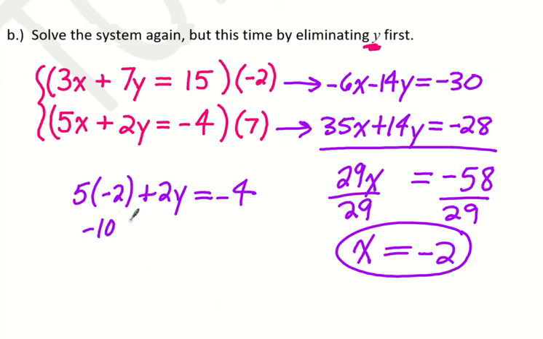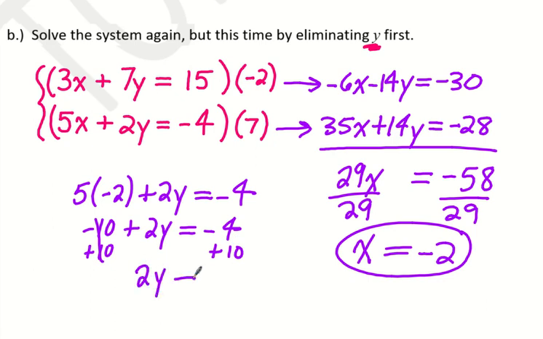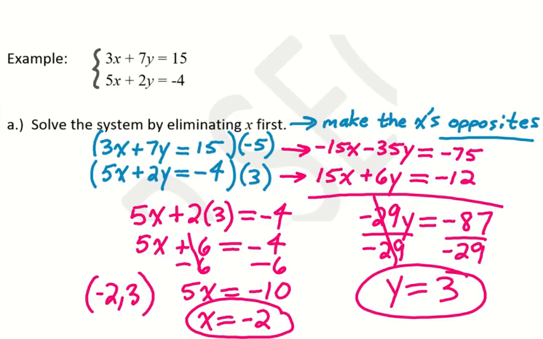That's negative 10. Now we find ourselves just solving for y like we've done 100,000 times. We get 2y equals 6. And shockingly, we get y equals 3, which we were totally supposed to get.